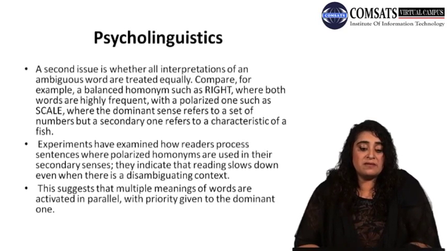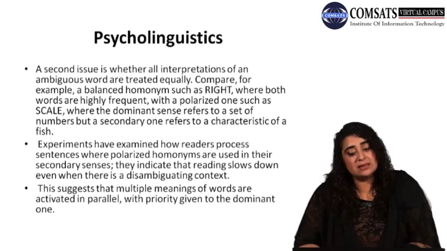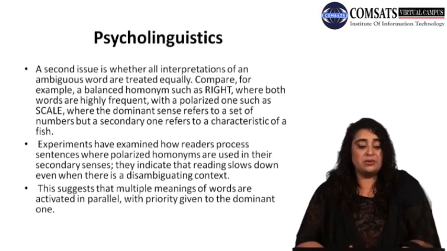Experiments have examined how readers process sentences where polarized homonyms are used in their secondary senses. They indicate that reading slows down even when there is a disambiguating context. Even then, sometimes we do slow down. We ponder what it exactly means before we go ahead. This suggests that multiple meanings of words are activated in parallel, with priority given to the dominant one.